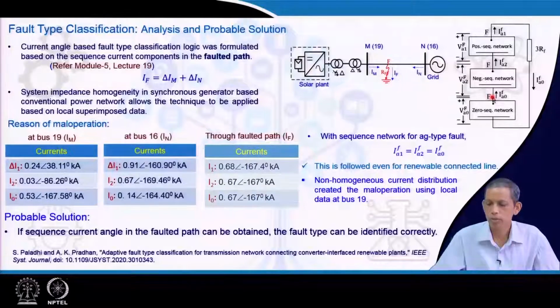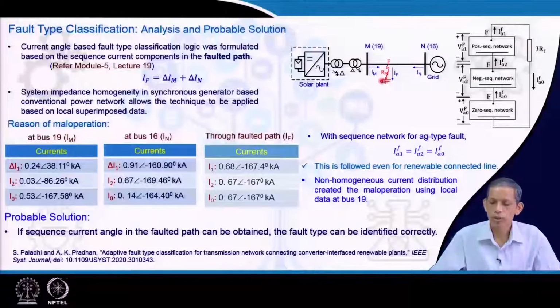Let us say for a phase A to ground fault, they are in series with 3 RF, and then this faulted path current, the positive sequence, zero sequence and negative sequence, align at certain angles. This sequence network, considering the faulted path current, reveals different angles for different types of fault.